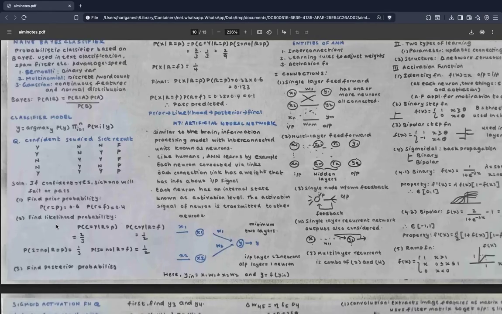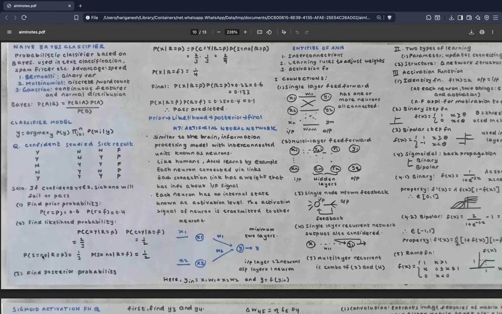And then you find the likelihood probability, which is probability of C equal to yes, which is confidence equal to yes if you are passing, probability of confidence equals yes if you are failing. So we get 2 by 3 and 1 by 2.